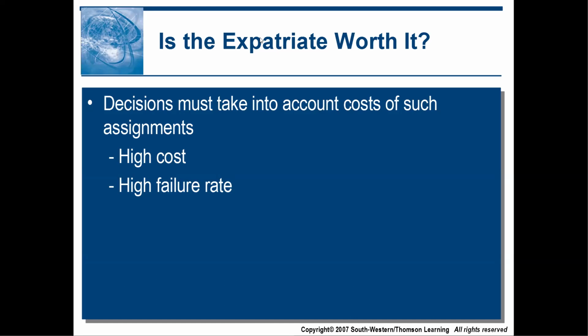Because when you assign an expatriate to work in a foreign subsidiary, you need to bear more expenses: traveling expenses, salaries, allowances, increments, and sometimes you have to use your money to send his spouse or partner or children.